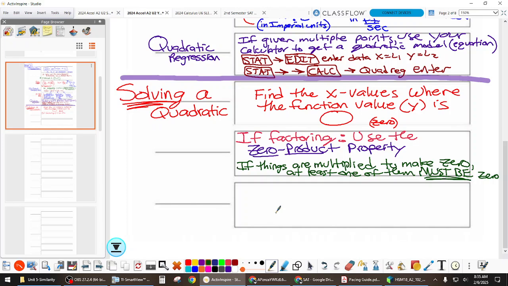Okay? This is not the same idea as what we do when we find zeros with the quadratic formula. We're not using the zero product property.